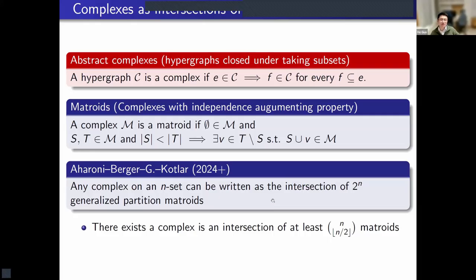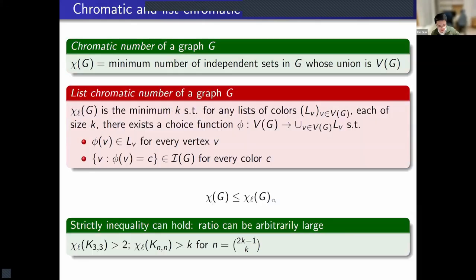And then I will move on to some coloring problems of matroids. Before moving to the coloring problem of matroids, first let me remind you of the chromatic number of a graph G, which you might be more familiar with.